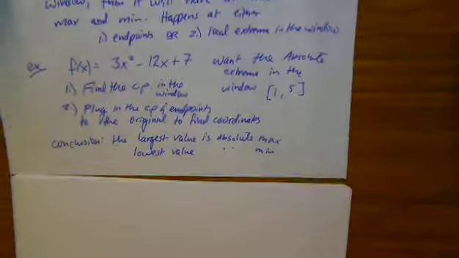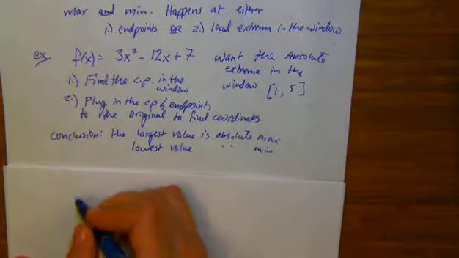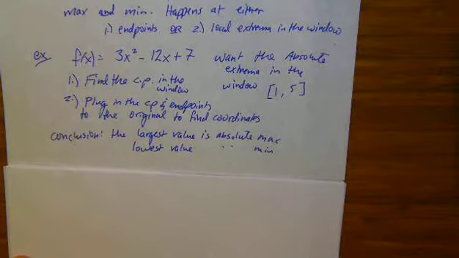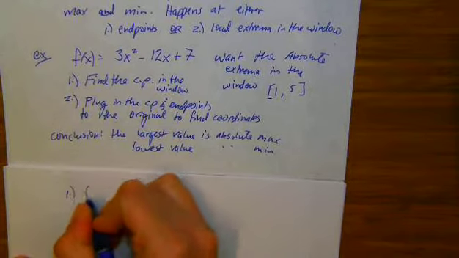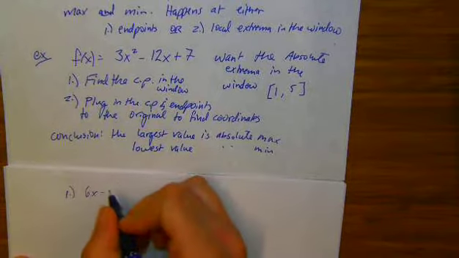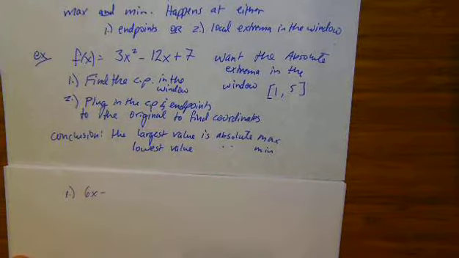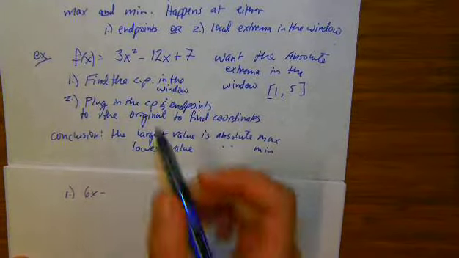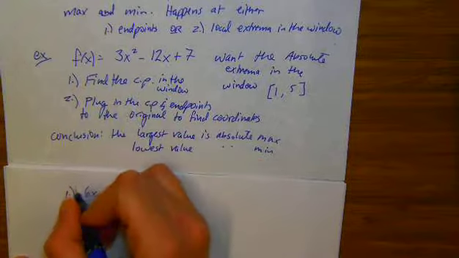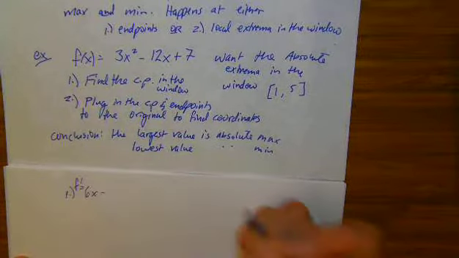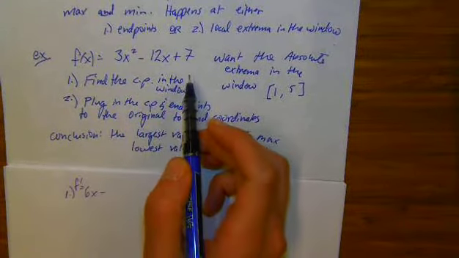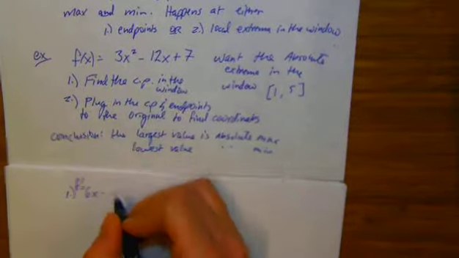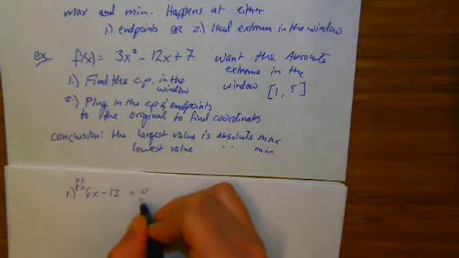Alright, so for this example, first step we get the critical points. We need the derivative, so what would you get from that? Minus 12. You want to solve this equal to 0 or undefined.